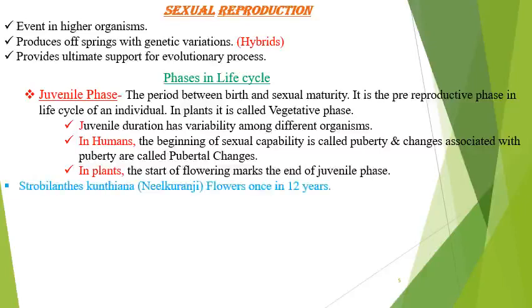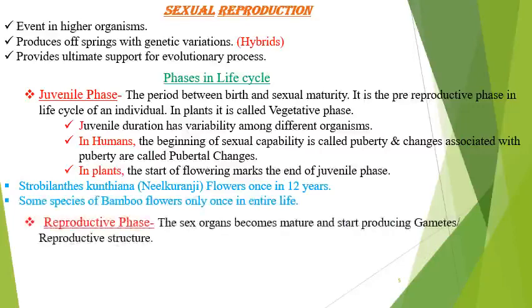There are some special points which are important for you, that is Strobilanthus kunthiana, that is Neelakurinji, a special flower which blooms after 12 years, and some species of bamboo flower only once in their entire life. After the juvenile phase, we need to discuss the reproductive phase.